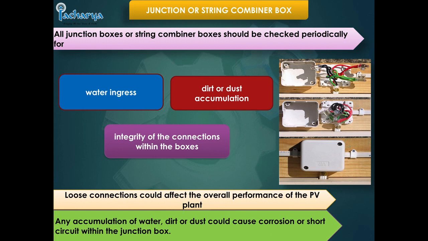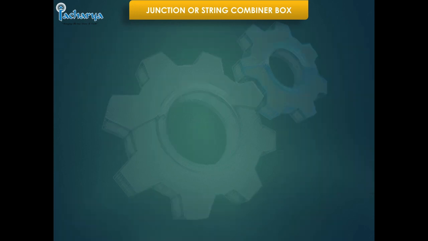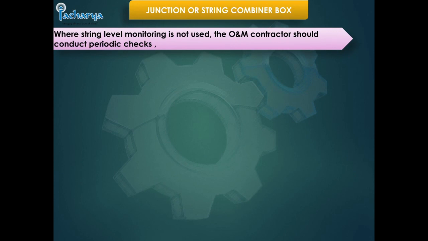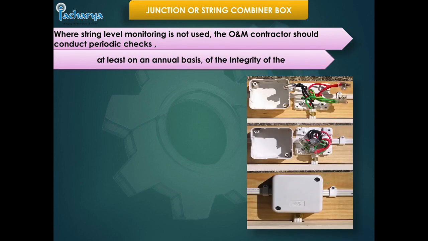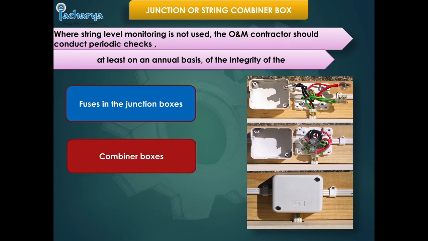Any accumulation of water, dirt, or dust could cause corrosion or short circuit within the junction box. Where string level monitoring is not used, the O&M contractor should conduct periodic checks, at least on an annual basis, of the integrity of the fuses in the junction boxes, combiner boxes, and in some cases, the module connection box.